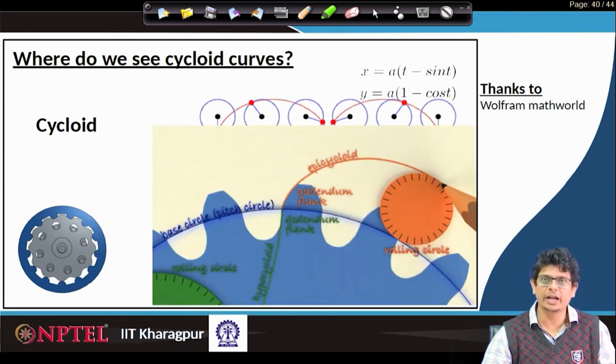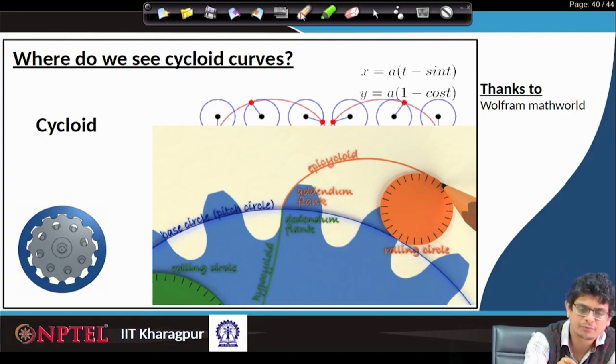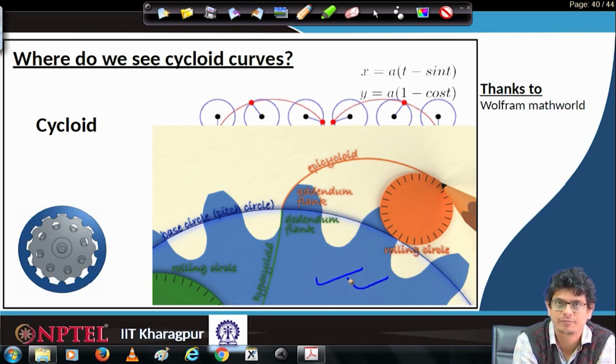So, if we look carefully at the machine gear, where these teeth will be joining with the other teeth, let us look at that part. For example, this blue one is the machine gear. This machine gear might be constructed based on a base pitch circle or pitch circle.